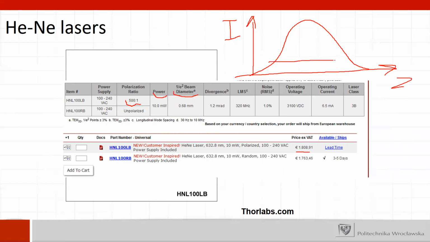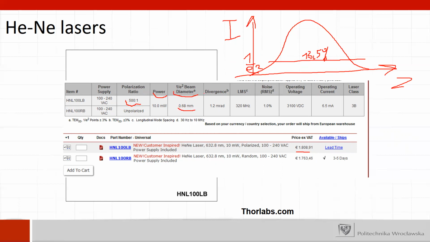So we measure the beam diameter at the level of 1 over E squared of the intensity. This is around 13.5% of the peak intensity. In this case, it was less than 0.7 millimeters.